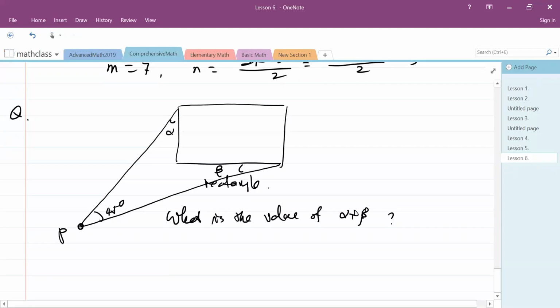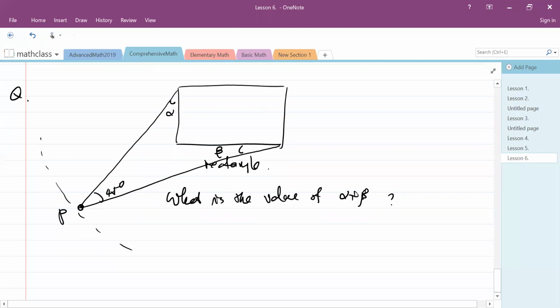There are a bunch of positions, you can even find the locus, and they always have a 45 degree angle. So alpha and beta change, but the 45 degree angle is unchanged. So what is the value of alpha plus beta? Think about this.